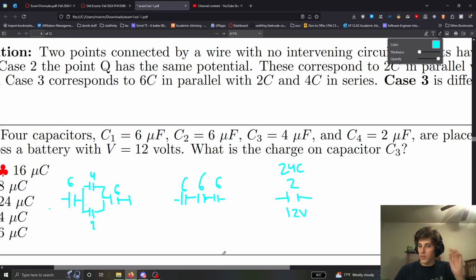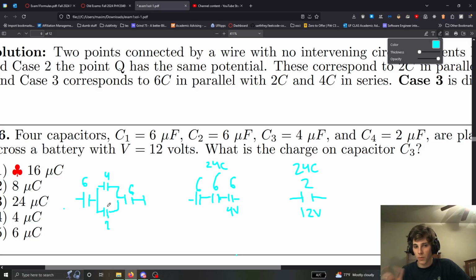Now, one thing that you have to know, but it's not on the formula sheet, is when they are in series like this, the voltage is split across the three, but the coulombs are the same. So each of these actually has 24 coulombs right now, which means that each of these has 4 volts. Likewise, when they are in parallel, the voltages are the same.